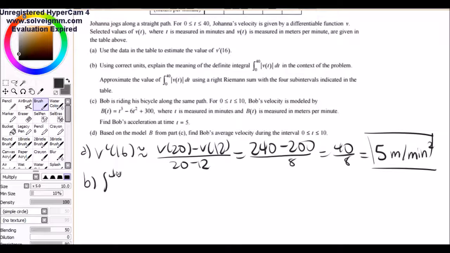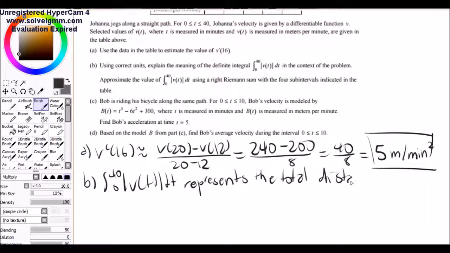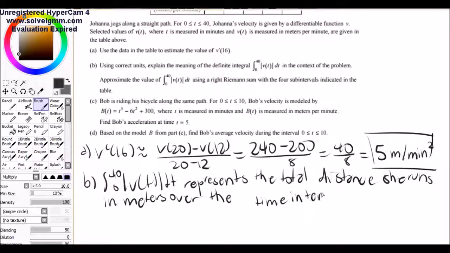This given integral, the integral of the absolute value of v(t) dt, represents the total distance she runs in meters over the given time interval, which is t greater than or equal to 0 and less than or equal to 40.